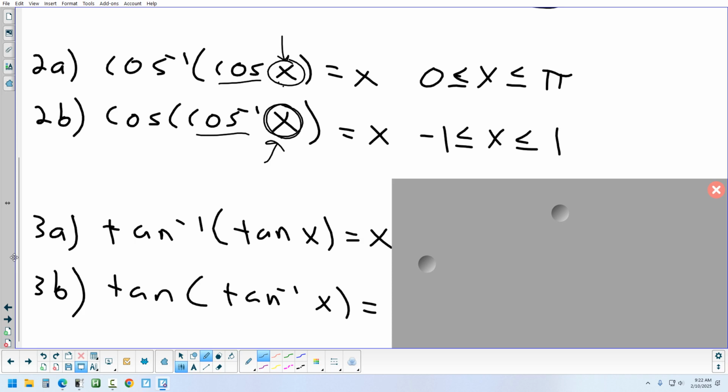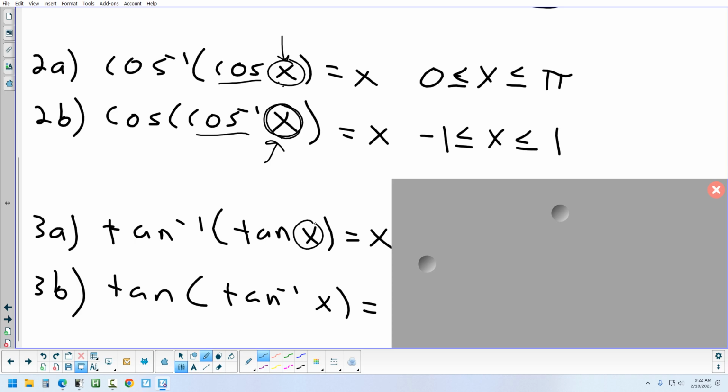But what do you think x has to be between here? Think of the domain of tangent. What did we restrict the domain to? Negative pi over 2 to pi over 2. Can you be a little more specific?